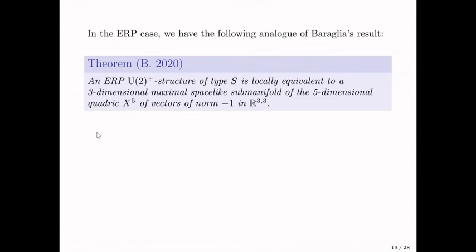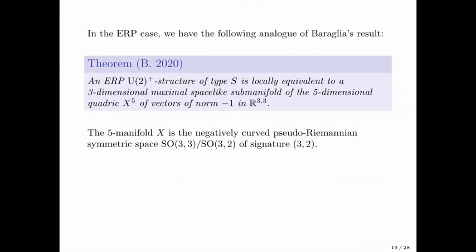So you go into this 5-dimensional quadric and you have to be maximal there. Okay, so this 5-manifold X is the negatively curved pseudo-Riemannian symmetric space, SO(3,3) mod SO(3,2), that has signature 3,2. So a space-like submanifold of X is just a submanifold where you get a Riemannian structure again, and again, maximal is equivalent to the vanishing of this mean curvature vector.